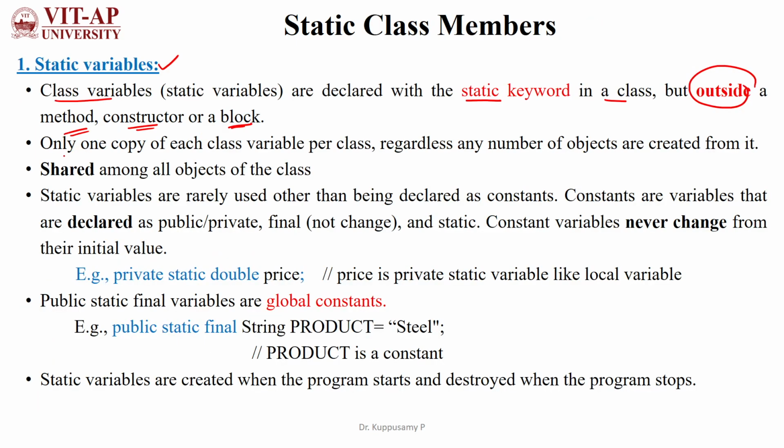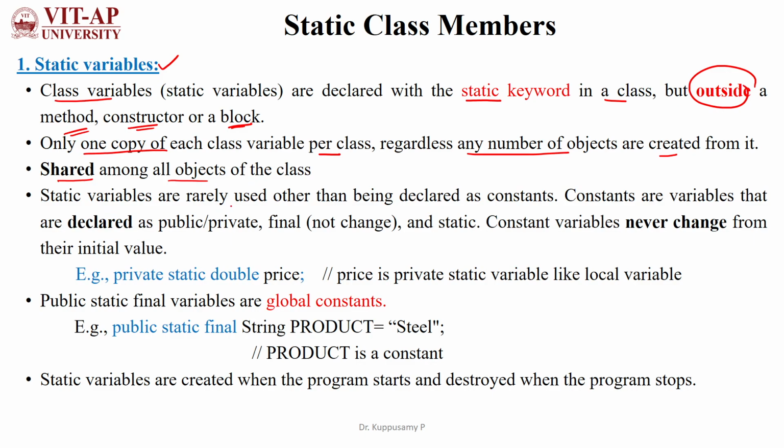Likewise, class variables have only one copy of each class variable per class, regardless of any number of objects created from that particular class. The static variable is shared among all the objects of the class.